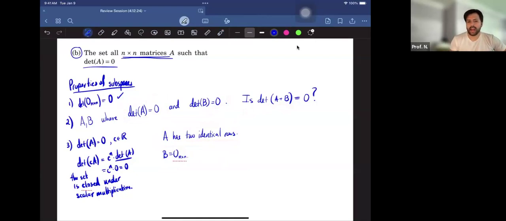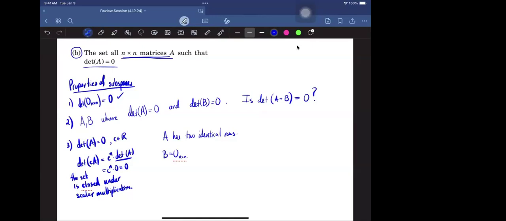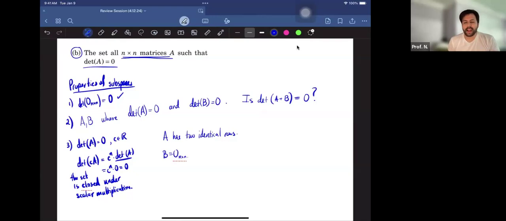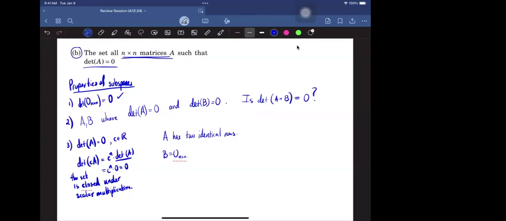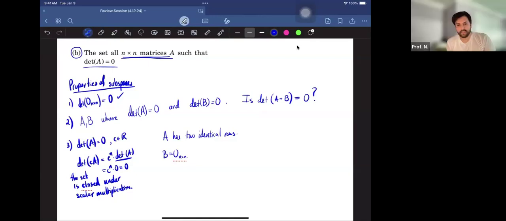Do you see, like, I believe you. I think when you add those two matrices together, you will most likely have a matrix that has a non-zero determinant. But how can you guarantee that for me? You understand? Like I believe you because I believe the scenario.